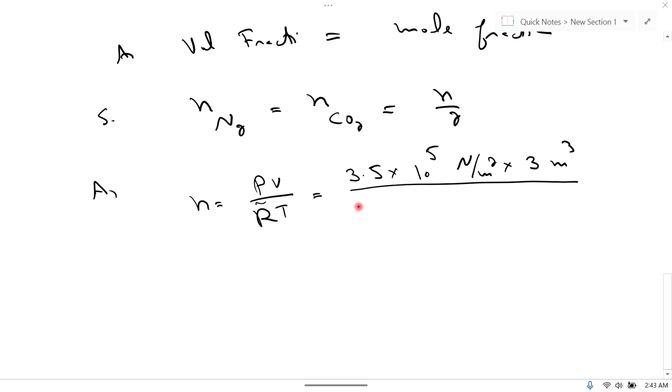R is a constant, which is equal to 8.314 kilojoule per kilomole per Kelvin. So kilojoule is equal to kilo Newton meter, and temperature is given as 288 Kelvin. So Kelvin will be cancelled with Kelvin, Newton is cancelled with Newton, and meter and meter square give meter cube, which will be cancelled with cubic meter.